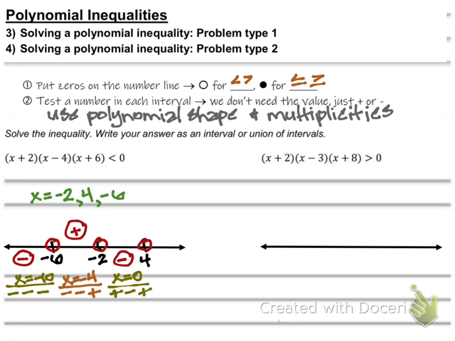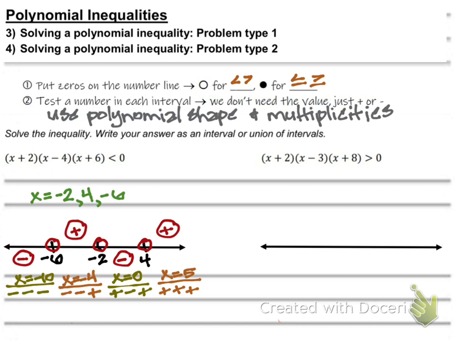And then to the right of 4, we'll just do 5. When I plug in, 5 plus 2 is positive, 5 minus 4 is positive, and 5 plus 6 is positive. So the graph is positive from there.